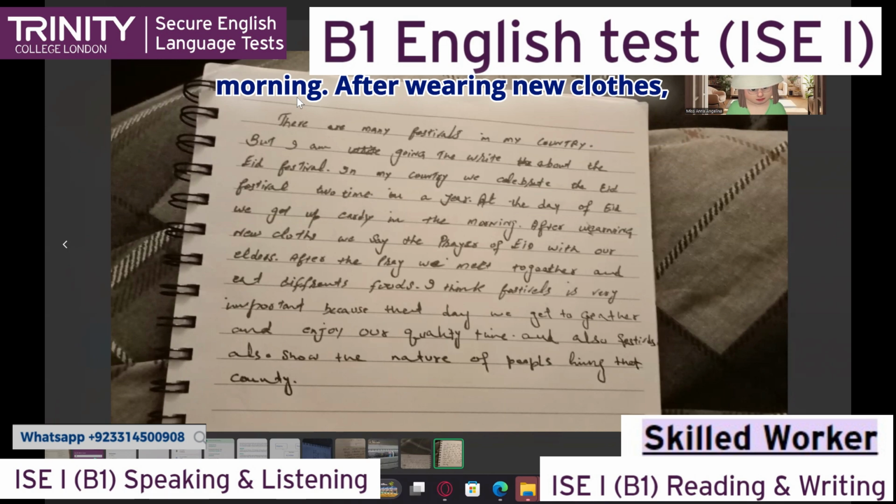After wearing new clothes, we saw the prayer of our elders. After the prayer, we meet together and eat different foods. I think festival is very important because that day we get together and enjoy our quality time. And also festivals show the nature of people living in that country.